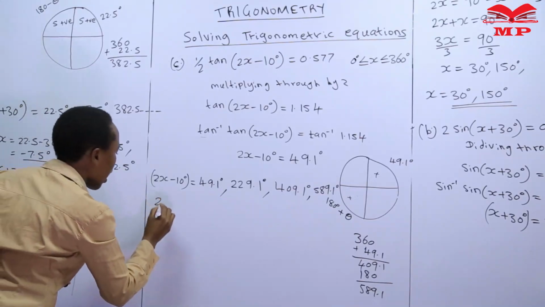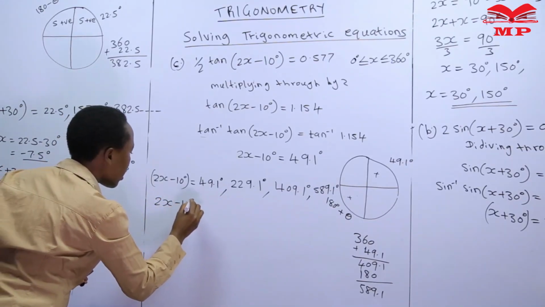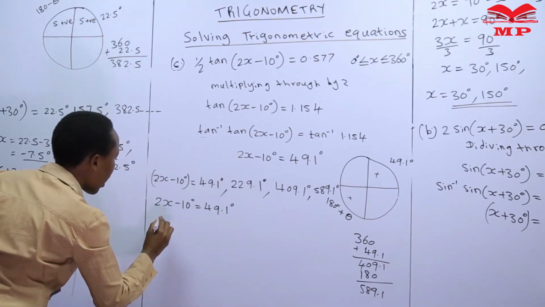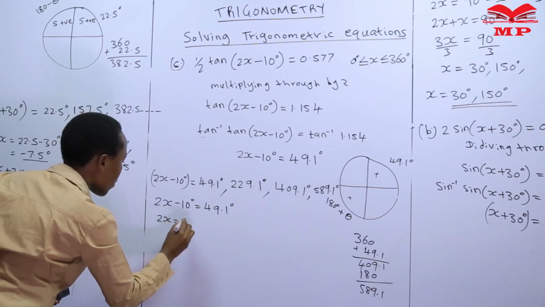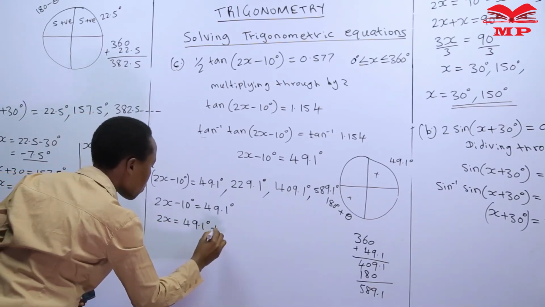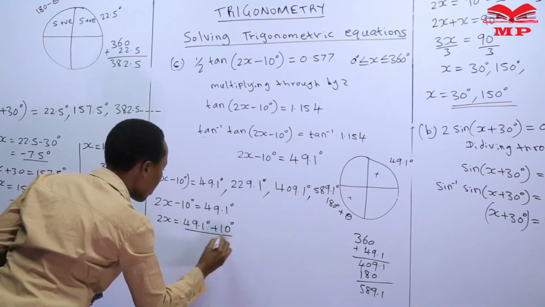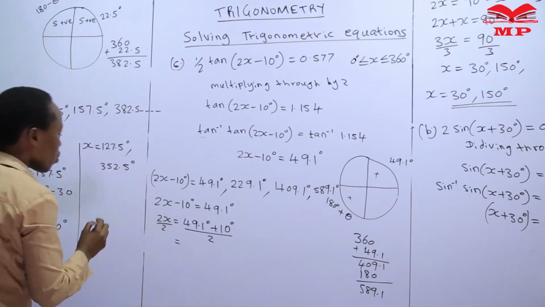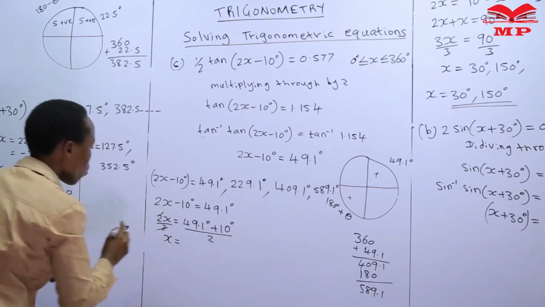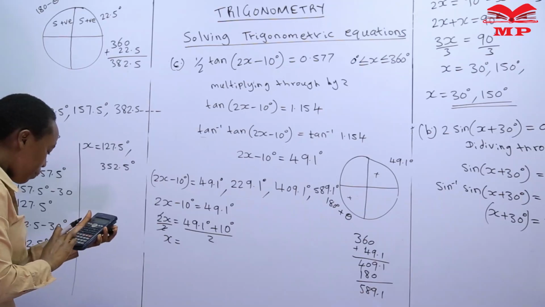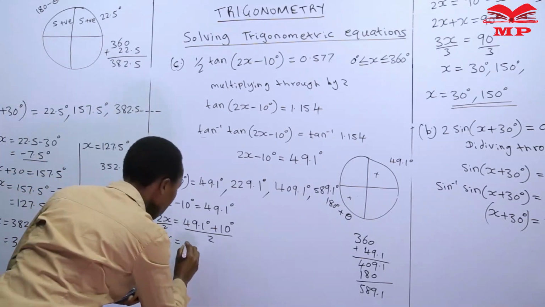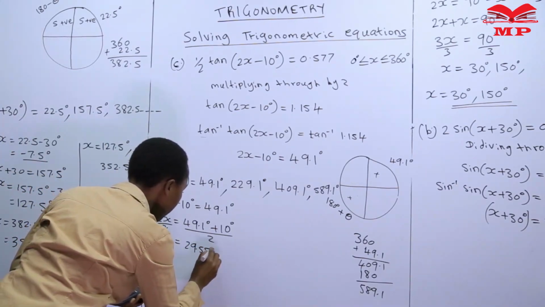So in this case, we'll have 2x minus 10 equal to 49.1 degrees. Our 2x will be 49.1 degrees plus 10 degrees, and we divide by 2 for the value of x. So x will be 49.1 plus 10, divided by 2, which is 29.55 degrees.